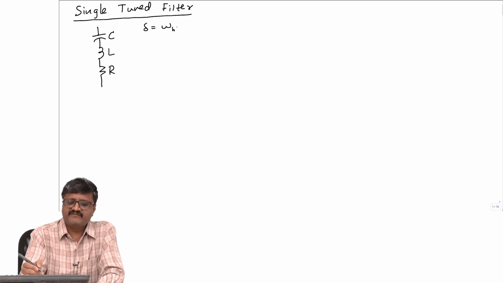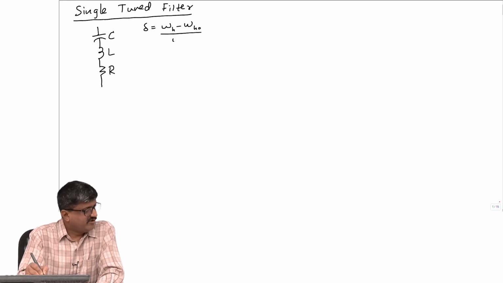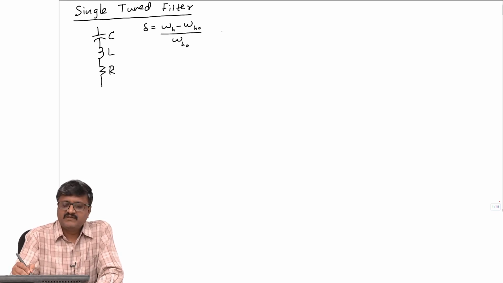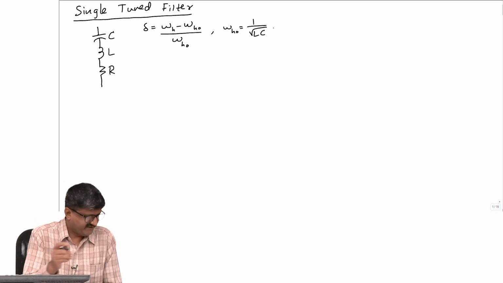The original definition of delta is (omega h minus omega ho) divided by omega ho, where omega h is the angular frequency and omega ho by definition is 1 by root LC.